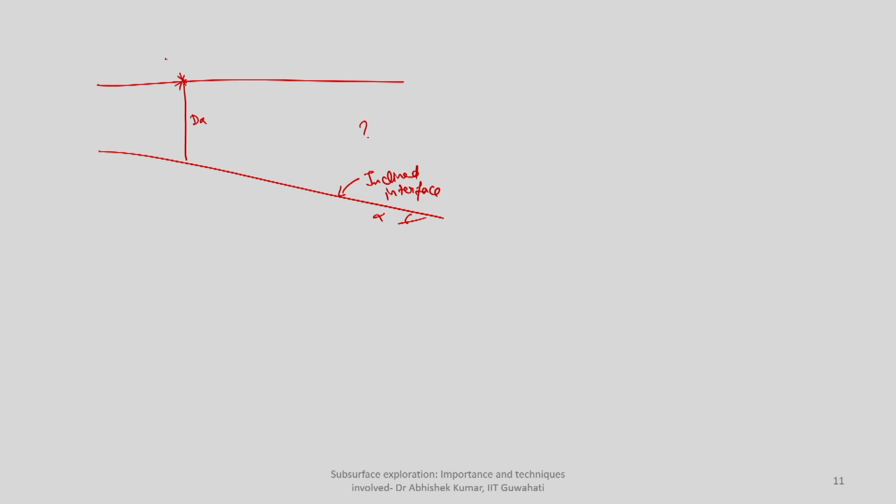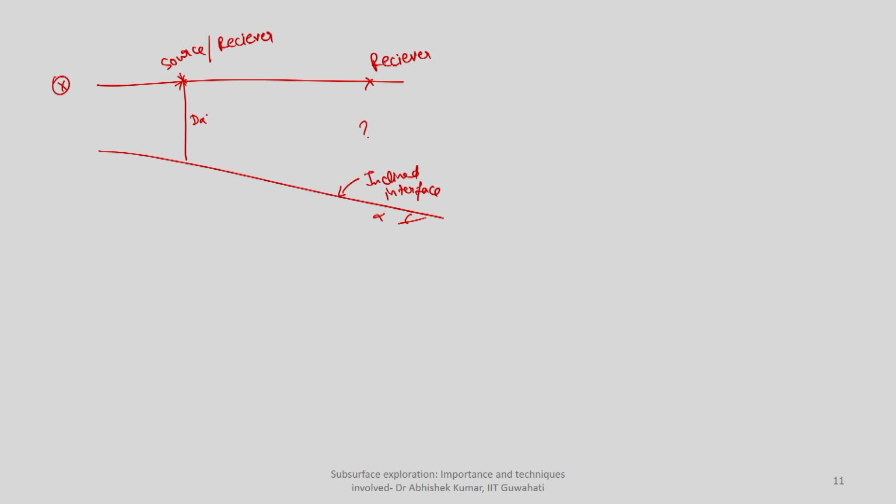This can be solved by keeping the source and receiver. So, two receivers actually you can keep, one on one side, other receiver you can keep either here or you can keep here itself. Again you will be having two measurements here.